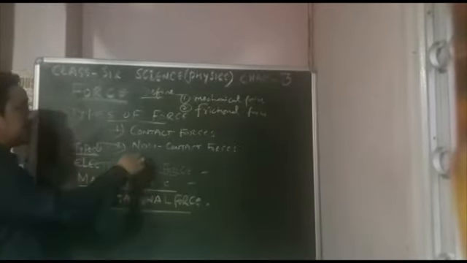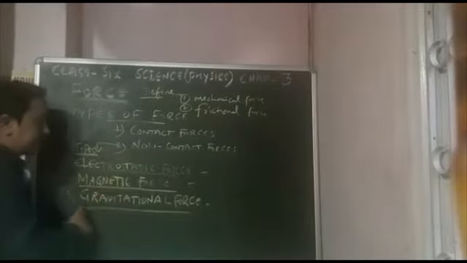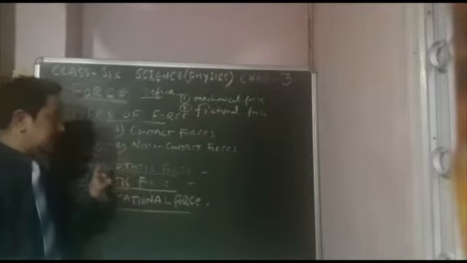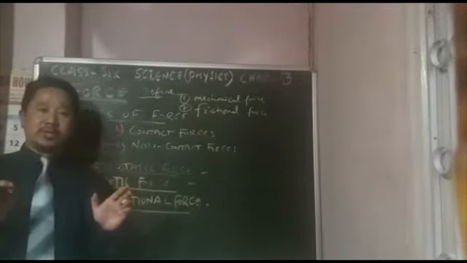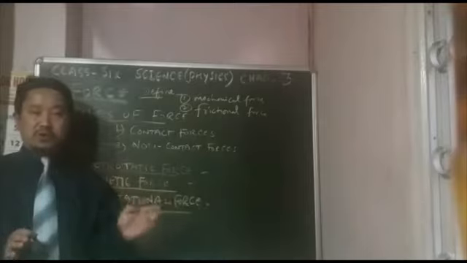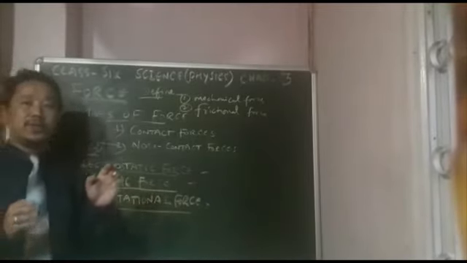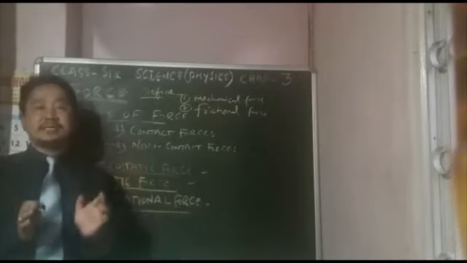In all these three examples of non-contact forces, such as electrostatic, magnetic and gravitational force, what we have come to know is that wherever we saw the effects of the force, the objects had no physical contact.